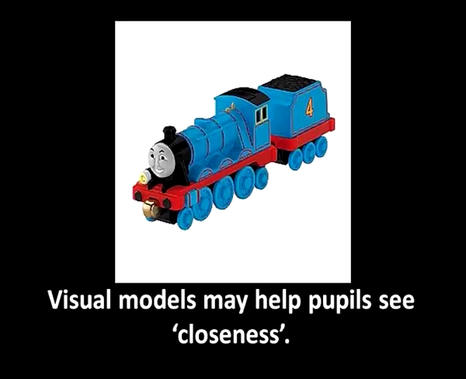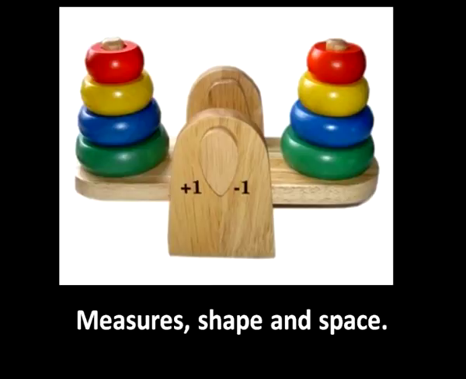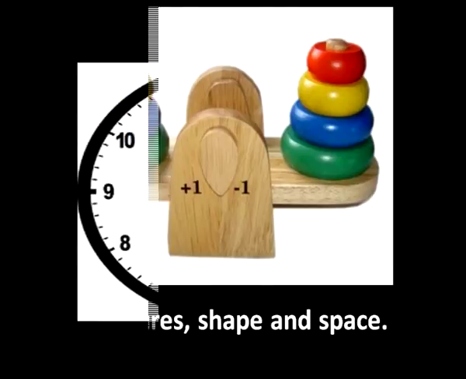Visual models may help pupils see closeness, measures, shape, and space. The language of time is potentially confusing, with deceptively simple changes such as saying 7:10 has 10 past 7, reverse order, creating problems.